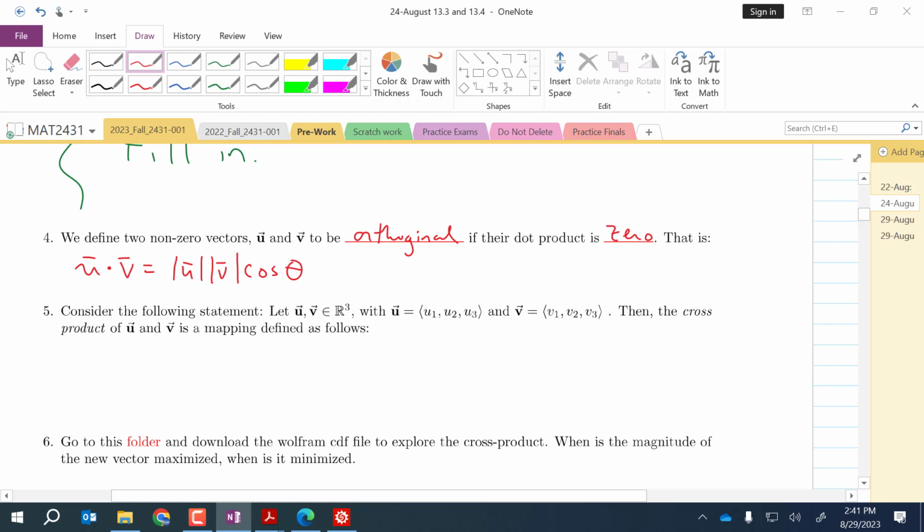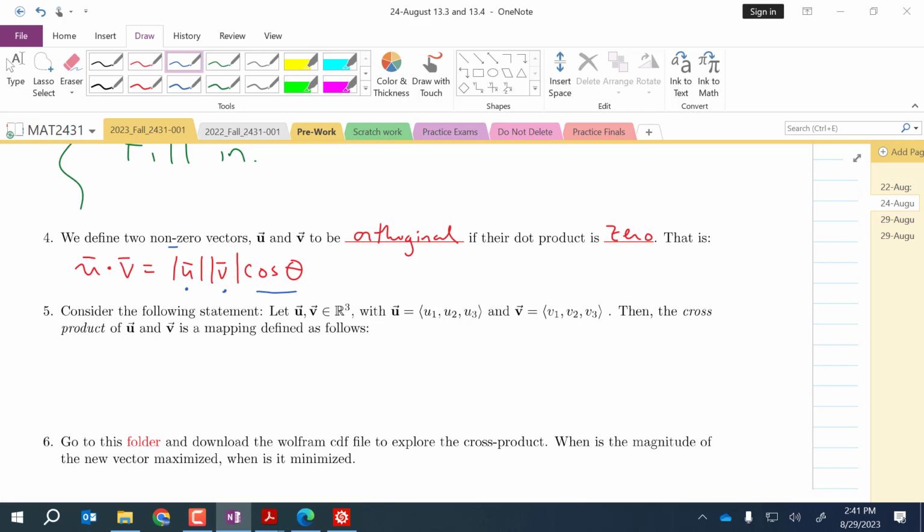So given two vectors that could have various lengths, what dictates whether they're orthogonal? Well, the vectors have to be non-zero, so their lengths aren't 0. So of these three numbers, the length of u, the length of v, and the cosine of the angle between them, the only one that can possibly be 0 is the cosine of theta.